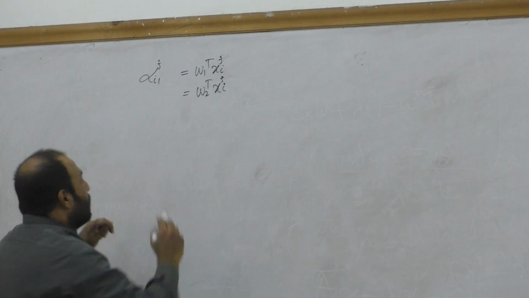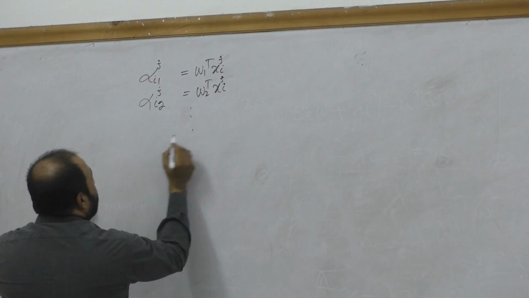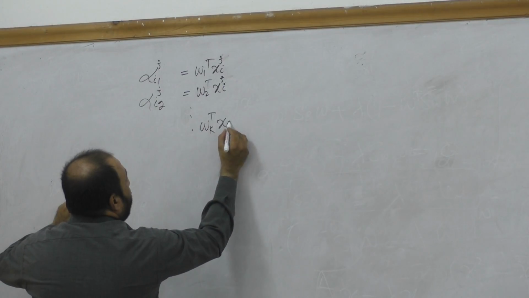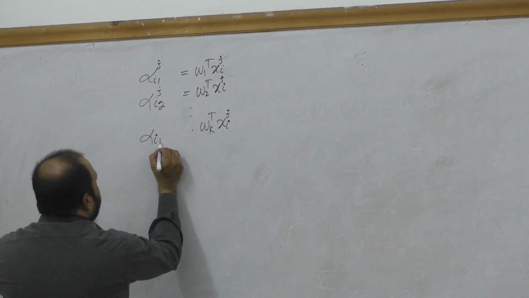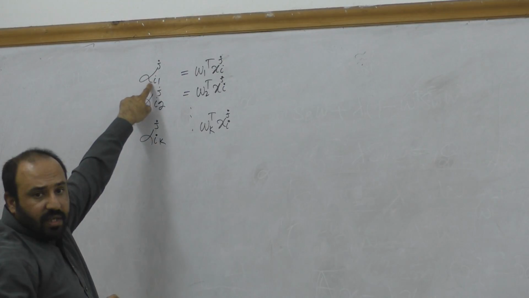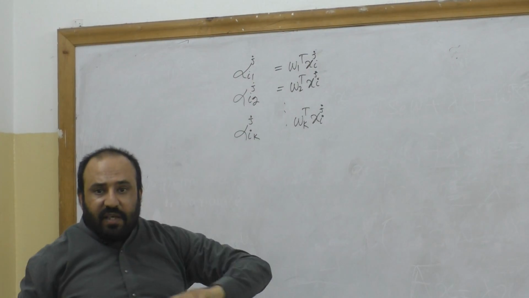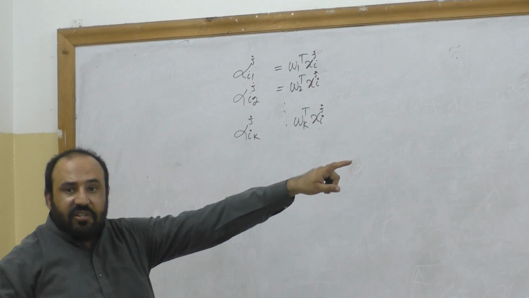So this is alpha i2 of class j and so on. So Wk transpose xij is alpha ik of class j. This is rather than one real number, because now you are using k directions, find a smaller subspace that maximizes the Fisher criteria.